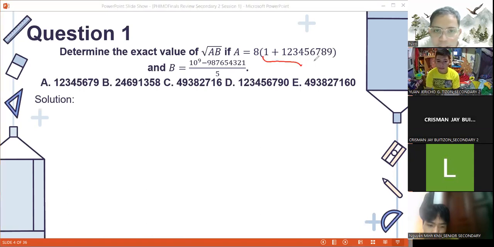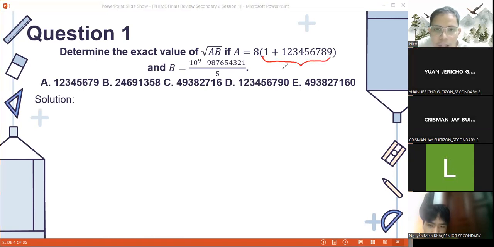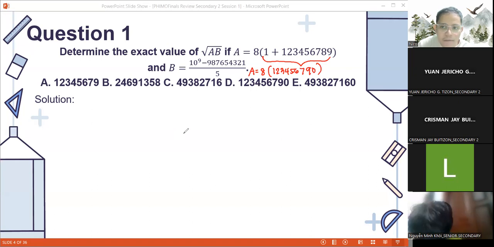So if you want to simplify this, you're going to add here. So A will become 8 times 1,234,567,890.